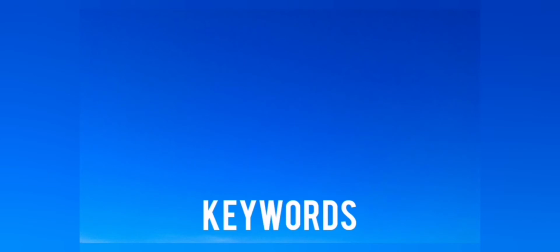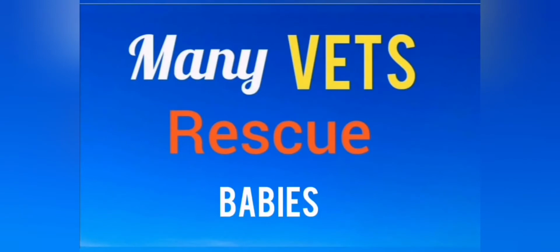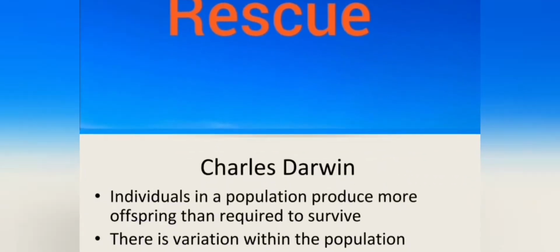Now, I know this sounds like a lot of boring information, but to make it easier to remember, we're going to take the key word from each of those statements and just use the first letter of each of these. Using the keywords, we can make a little acronym called Many Vets Rescue Babies.